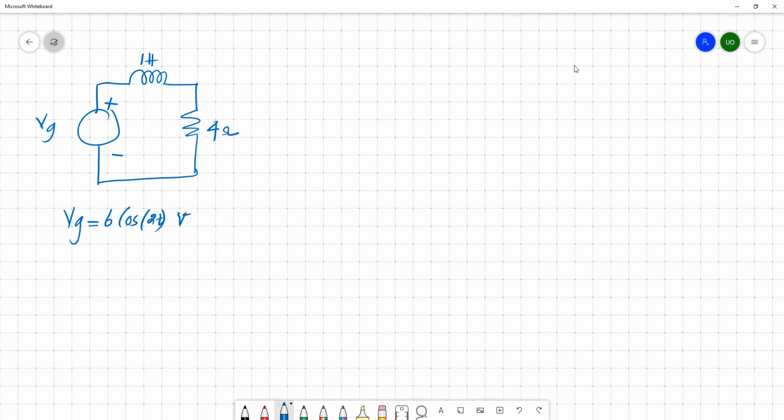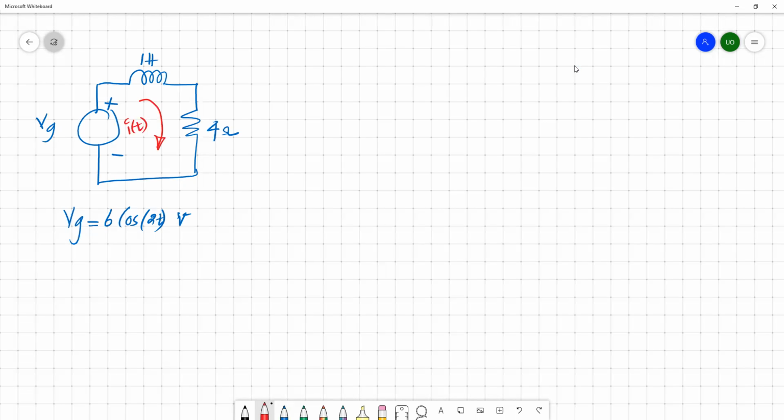So we have an alternating voltage source, an inductor and a resistor in the circuit. We are asked to obtain an expression for the current i(t).